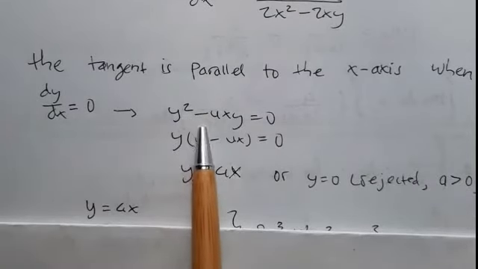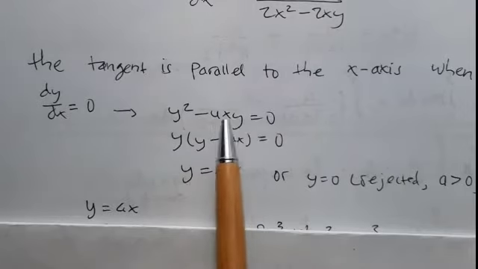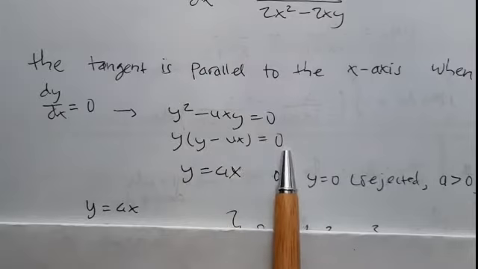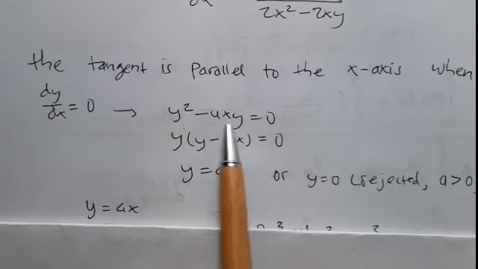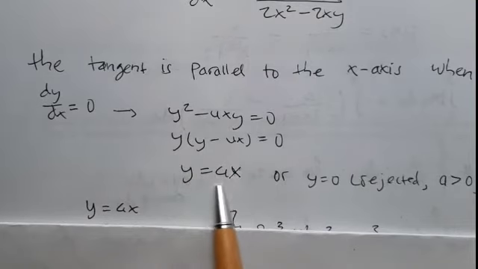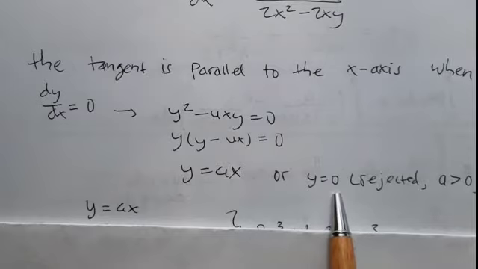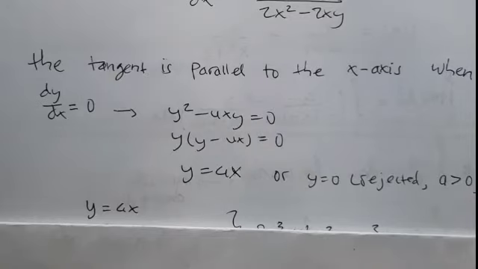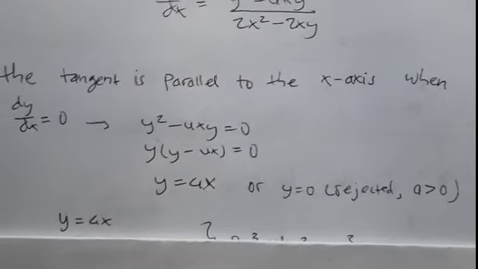Thus y squared minus 4xy equals 0, factorization: y times (y minus 4x) equals 0, thus this part is 0 or that part is 0. This is 0 if y is 4x, and this part is 0 if y is 0. Thus y is 4x or y is 0, but y is 0 is rejected, since a is greater than 0.